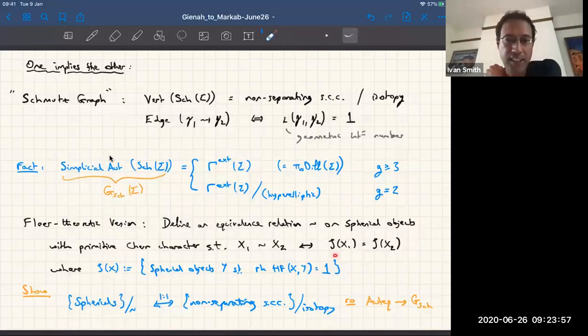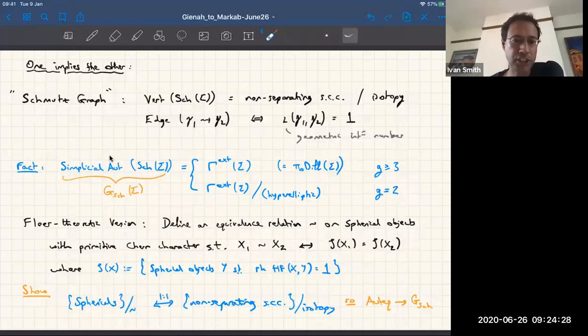S of X is the set of spherical objects with which X has rank 1 Floer cohomology. So this is a rather natural Floer-theoretic attempt to capture the set of edges to which a given vertex in the Schmutz graph is connected, the set of sphericals that you have HF of rank 1.